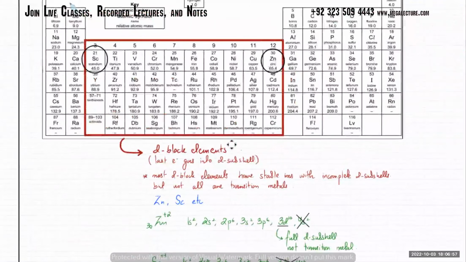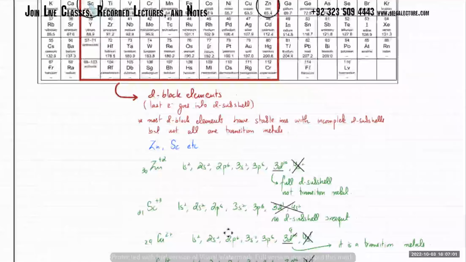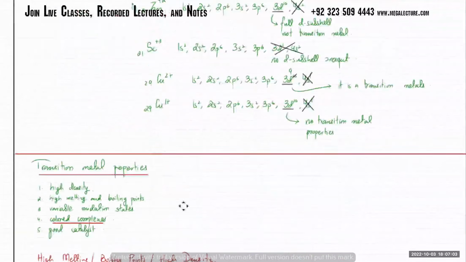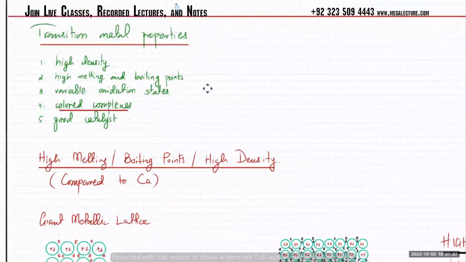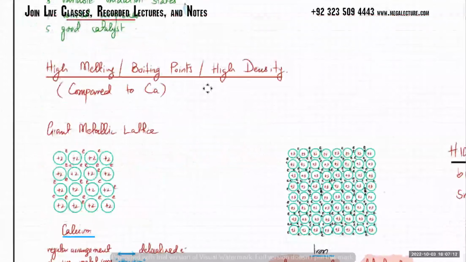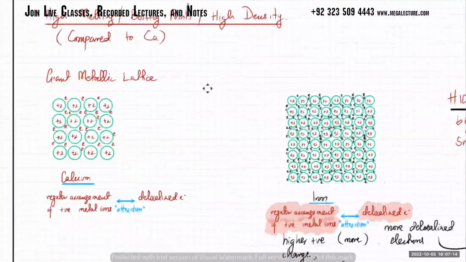A lot of elements over here are known as transition metals because they have certain properties, and those properties are the ones given over here: high density, high melting points, high boiling points, colored complexes, etc.